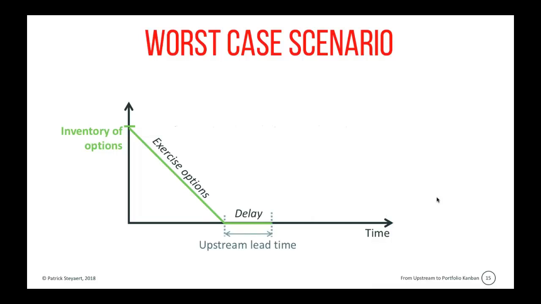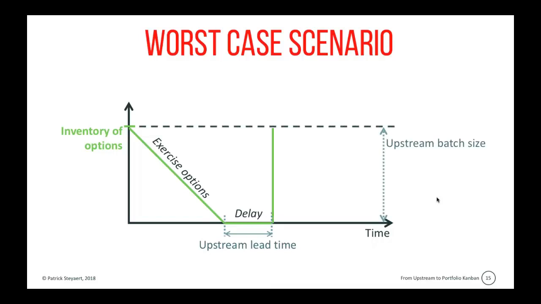That delay is exactly the same as the upstream lead time: the time between elaborating an idea and an idea being ready to be exercised. Then after that delay, we get a new batch of work, which we can start working on again.